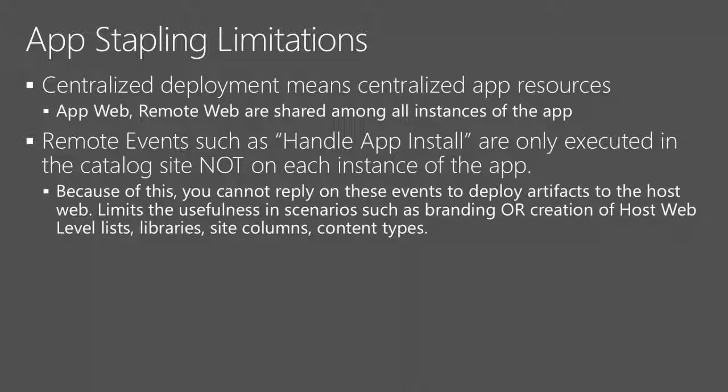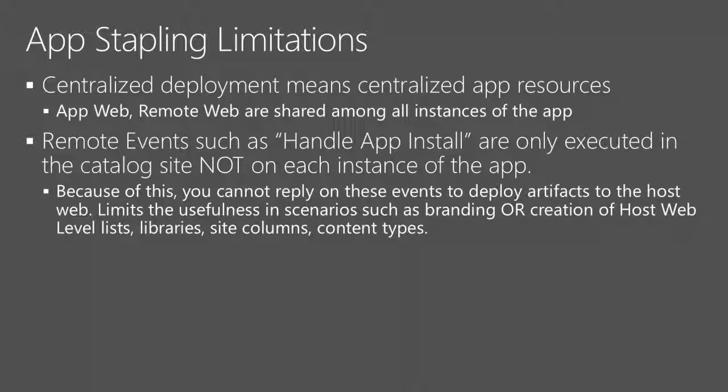That will not work because it's only going to deploy it into the catalog site, and every site that it's stapled to is not going to get those artifacts created. So that does limit the usefulness for branding, or maybe if you're trying to do things into the host web like create lists, libraries, site columns, content types, you're not going to be able to do that.